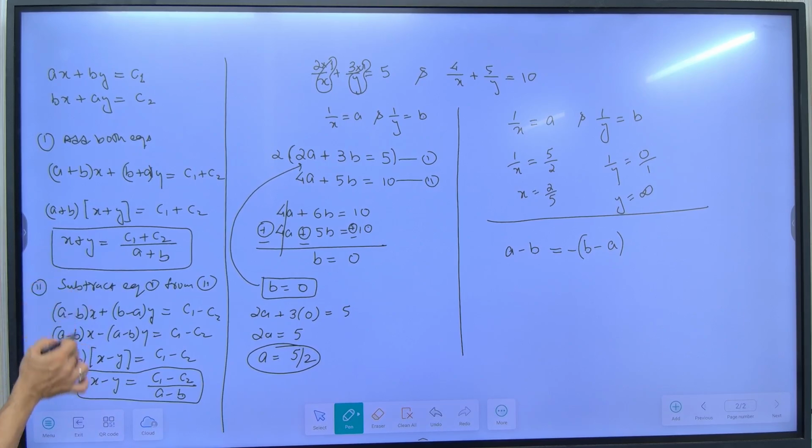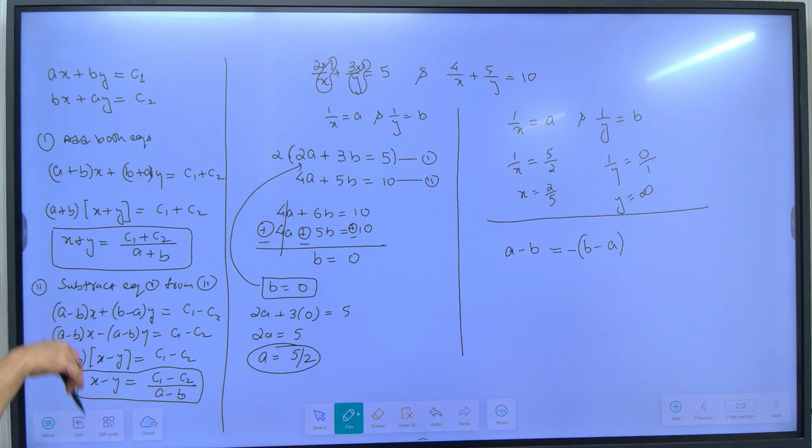See, you got two simple equations or not? Now you can solve these two equations. Without making the coefficients equal, you could simplify these two equations, right? Now you just have to solve x plus y and x minus y.